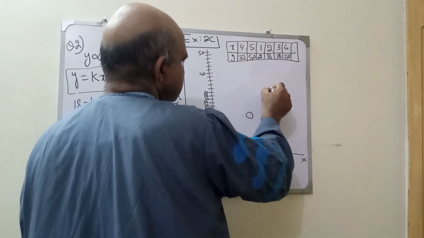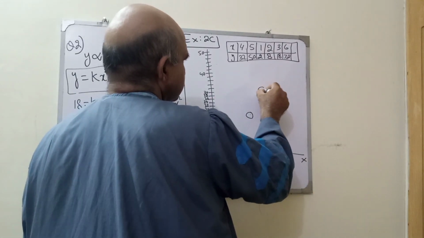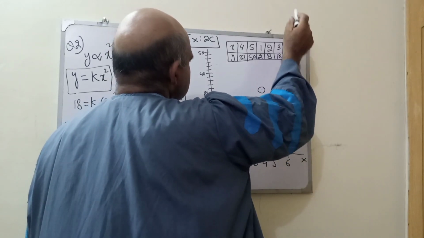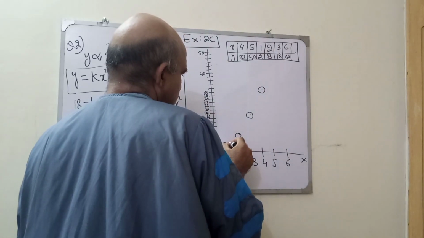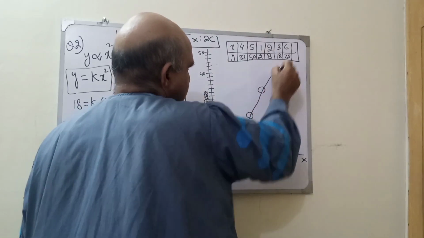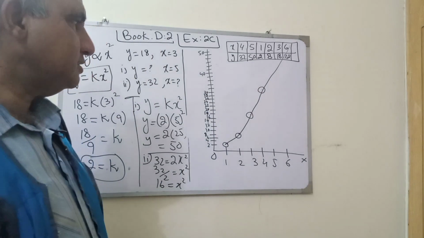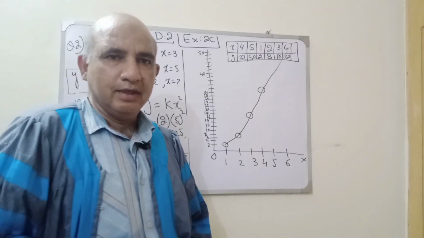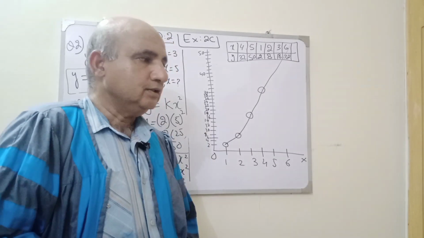And for 5 it is 50. So just we'll do this. Right? This is the graph of y is equal to x squared.